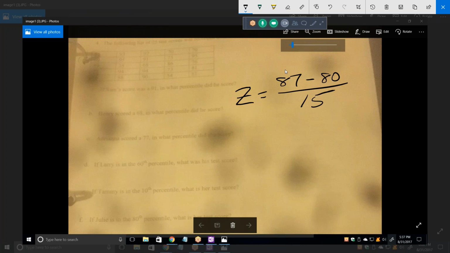If we look that up, that's a Z-score of about 0.5. And if I look up 0.5 in my table, I get 69% of the data is to the left of that. We actually have a different formula for finding percentile.